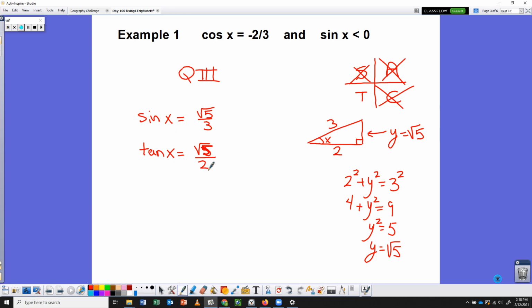And cosecant, which is the reciprocal of sine, is going to be 3 over radical 5. And secant, which is the reciprocal of cosine, is going to be the reciprocal of negative 2/3, which would be negative 3/2. And last but not least is going to be cotangent, which is the reciprocal of tangent.